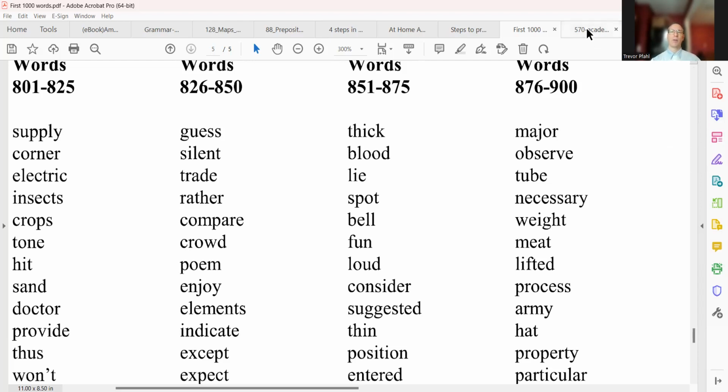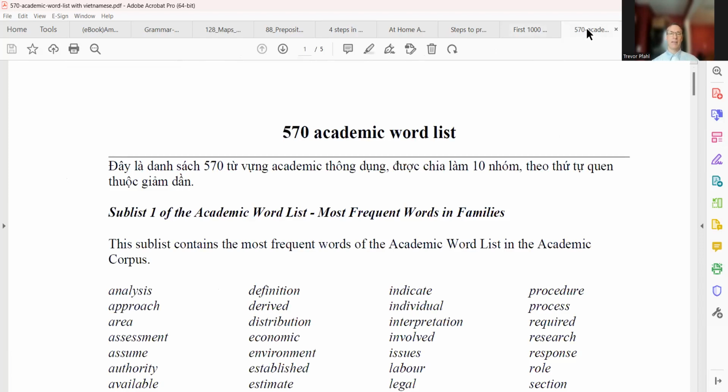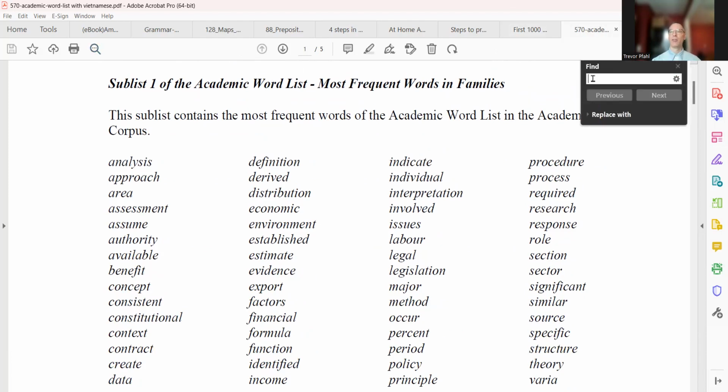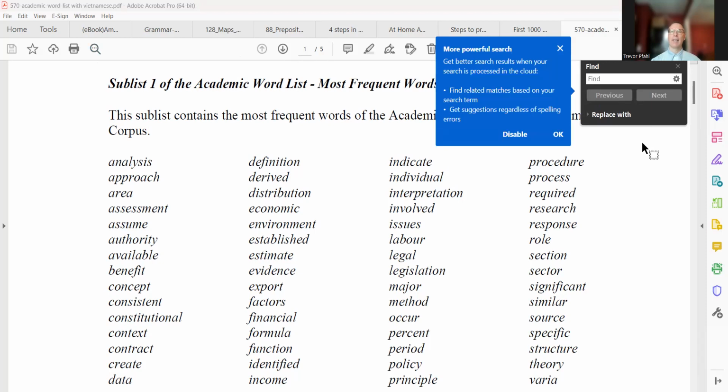For those of you that are at a little bit higher level, I would still work at these basic vocabulary words, but then I would also consider looking at the 570 words in an academic word list. So based on research, these are the most common words that are used in academic settings, so colleges, universities, across many different majors.